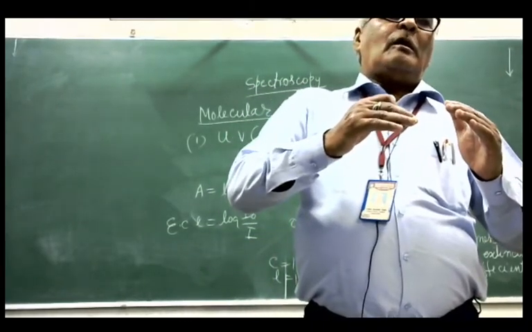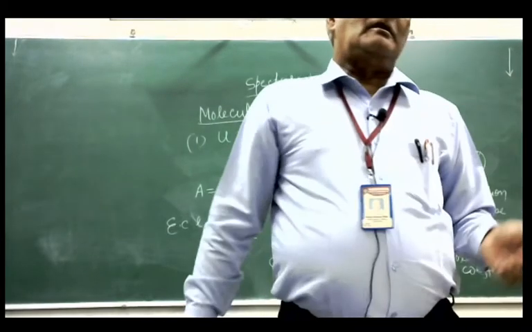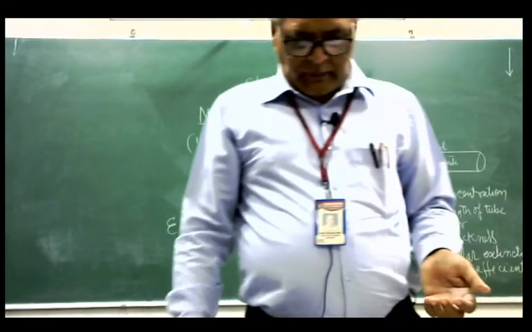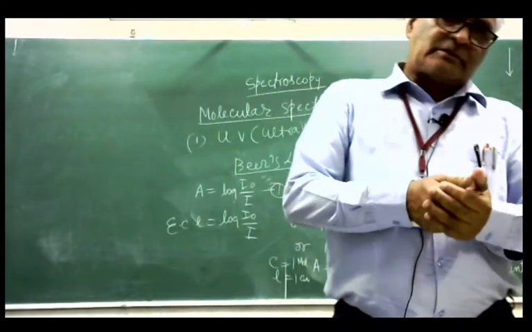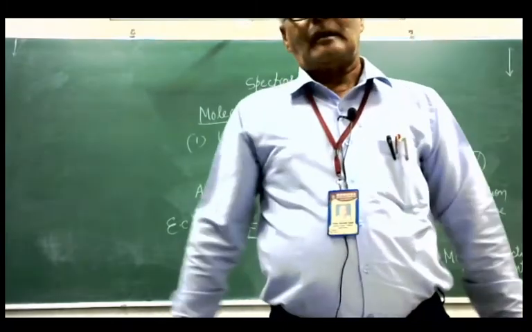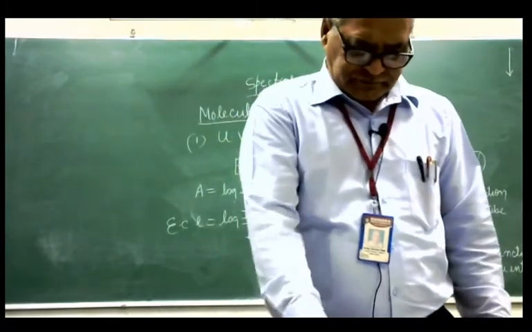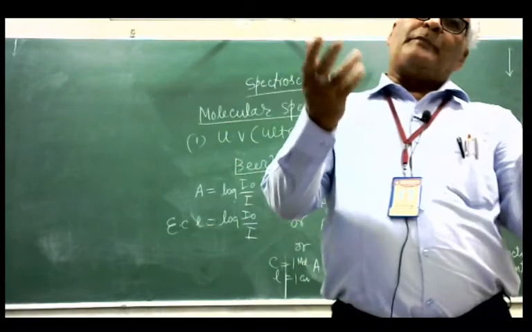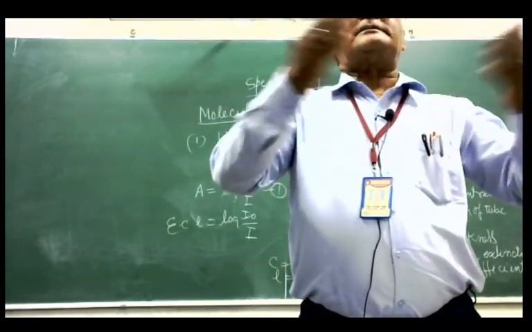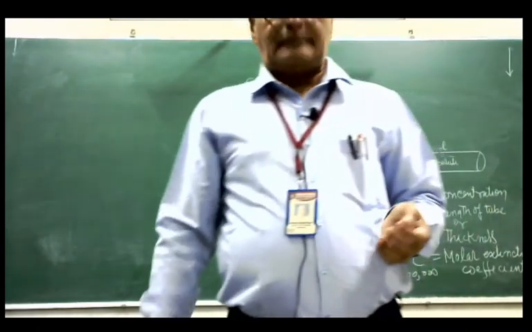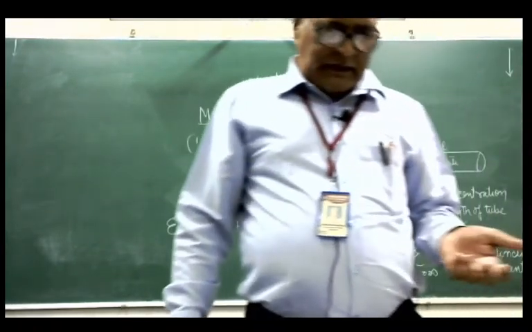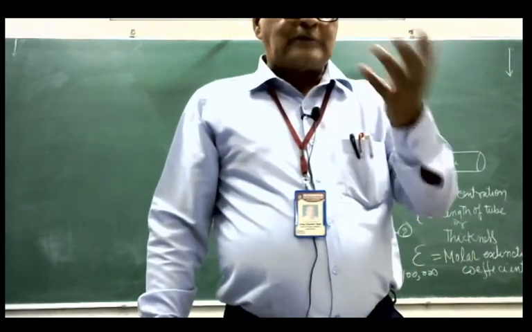Now, after this, we shall explain what happens when light is absorbed by the molecule or the organic compound. Everybody knows that there are different energy levels in the molecule. Every molecule has electronic states.